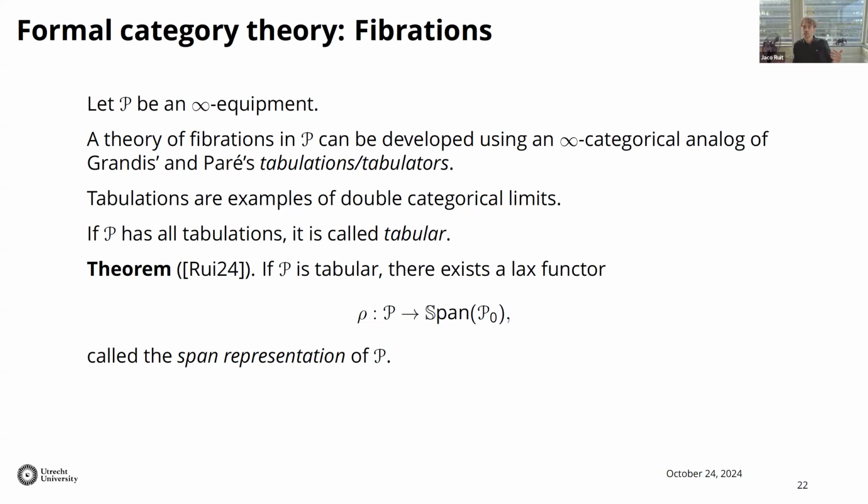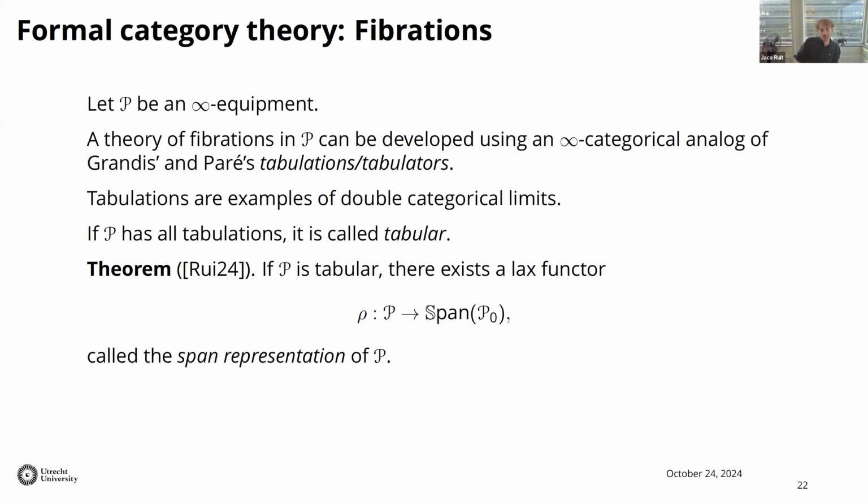I didn't really say what a lax functor is, but it's a functor where the horizontal composition is not preserved on the nose. There are some lax cells interpolating between compositions of horizontal arrows and their images.